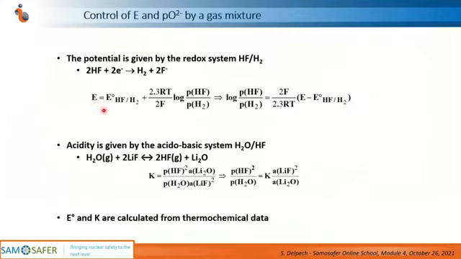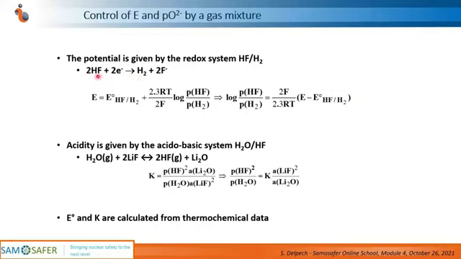To use a gas mixture, we have to write these classical equations, and we can deduce from them the ratio of the vapor pressures of all the gases, and with the Gibbs energy determine the standard potential required for this reaction.